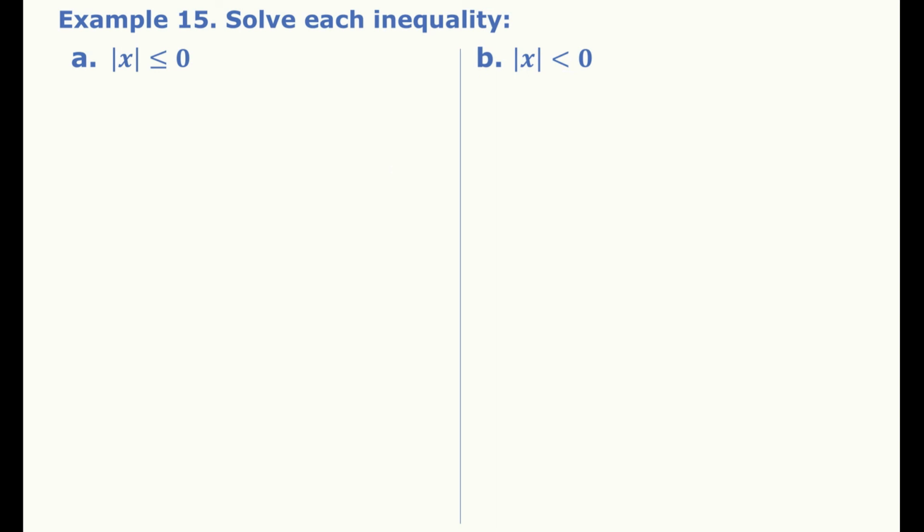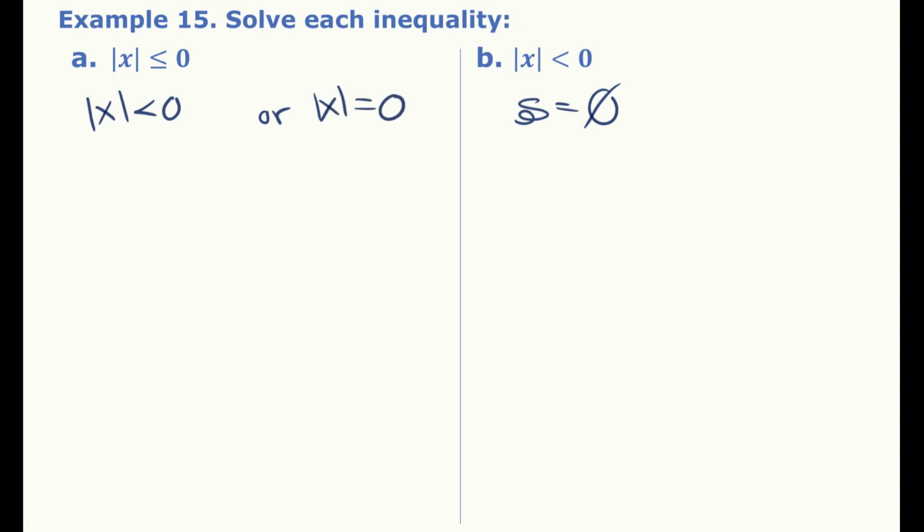Be a little bit careful with this one. Don't immediately say, oh, there is no real number whose absolute value is less than or equal to 0. If they said less than 0, you could be that confident because there is no real number whose distance from 0 is less than 0. That is empty, okay? But this one says less than or equal to 0, because this means absolute value of x is less than 0 or absolute value of x equals 0.